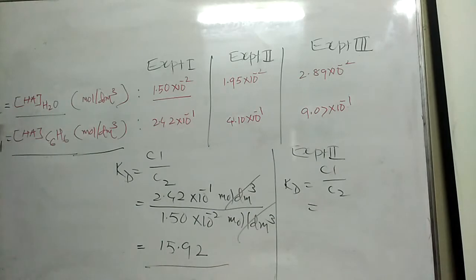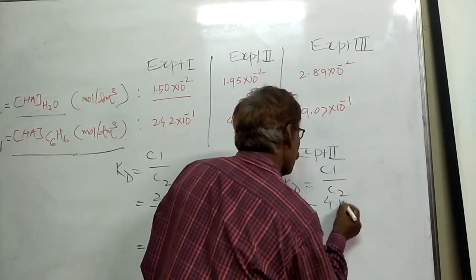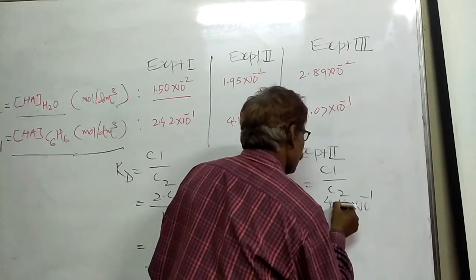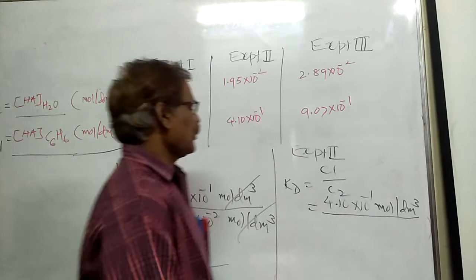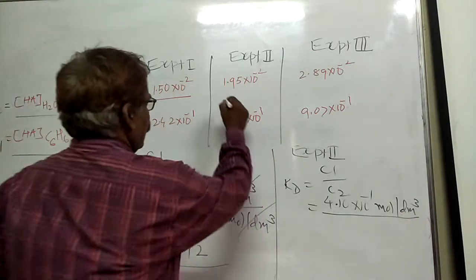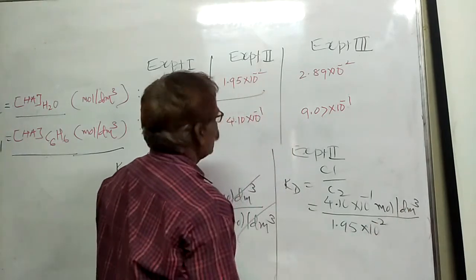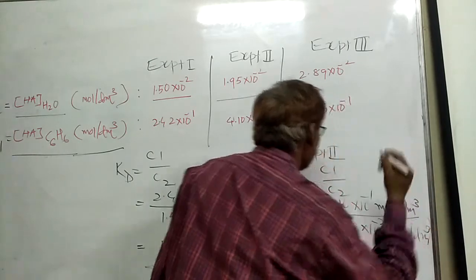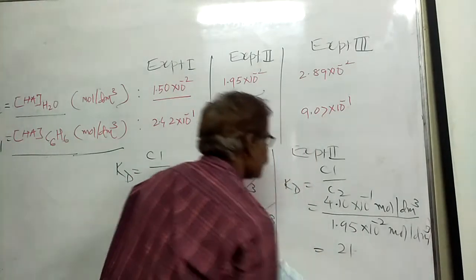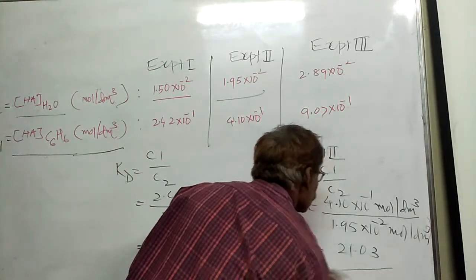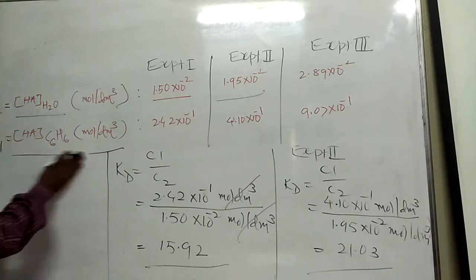Here C1, the molar concentration of organic acid in benzene, is 4.10 into 10 to the power minus 1 moles per dm cube, upon the concentration of acid HA in water, which is 1.95 into 10 to the power minus 2 moles per dm cube, and here the ratio of C1 upon C2 is 21.03.